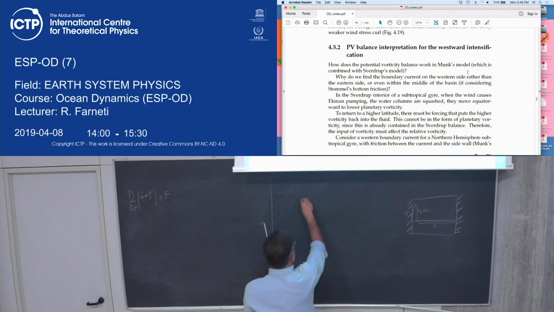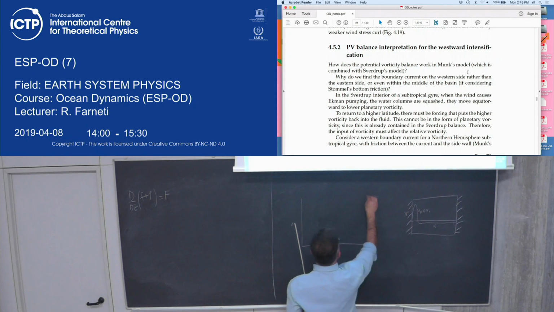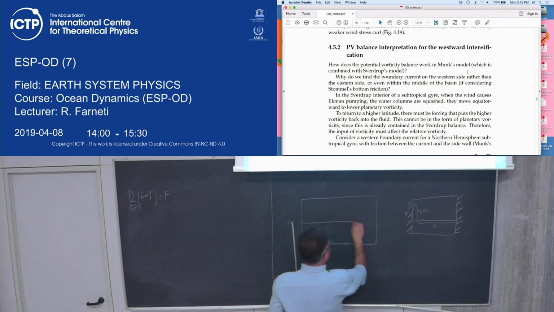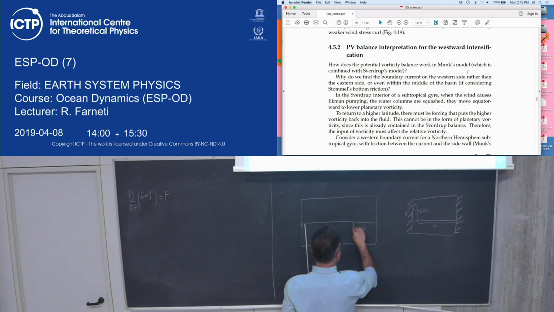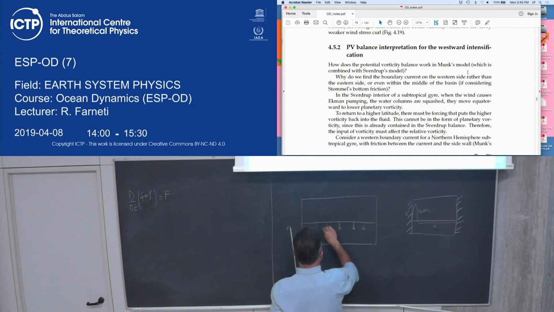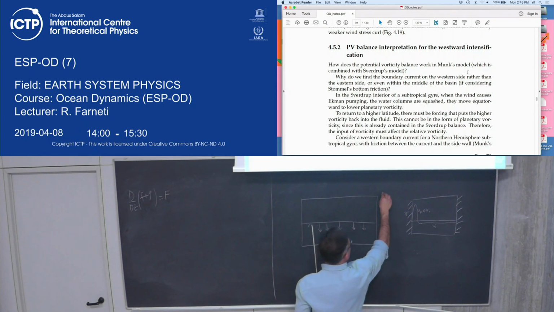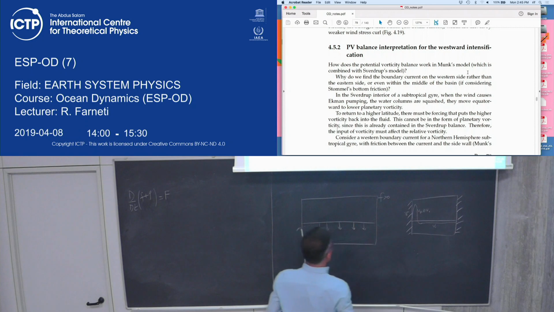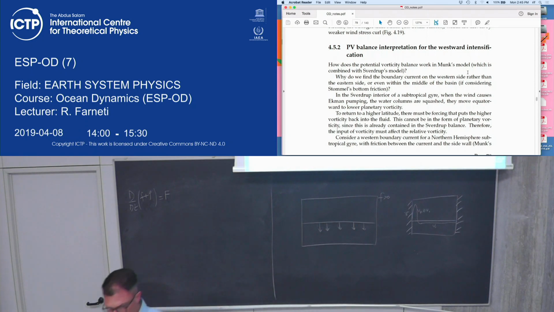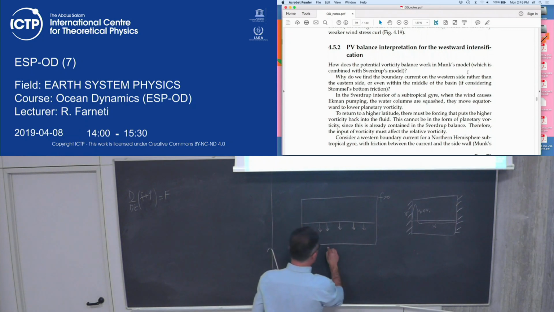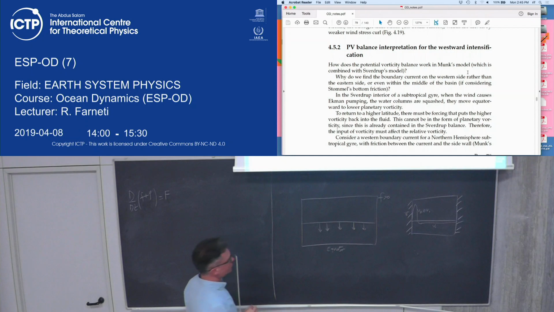So the interior solution is, in the northern hemisphere, to move towards the equator in order to conserve vorticity. And so by moving towards the equator, f decreases.